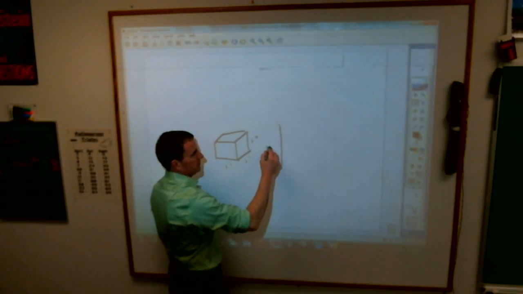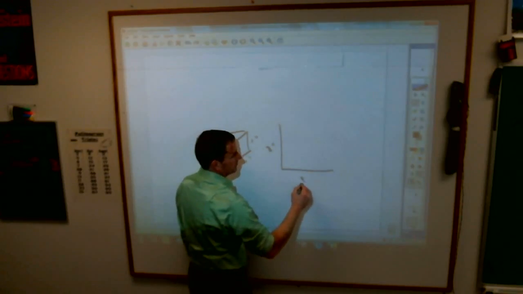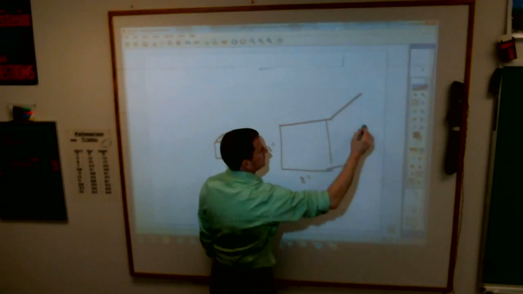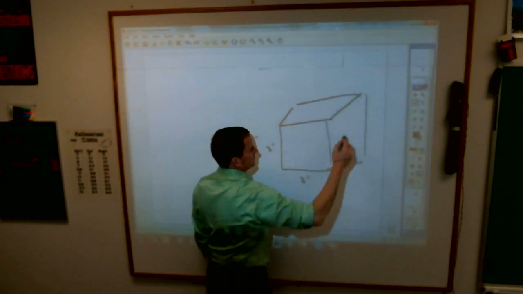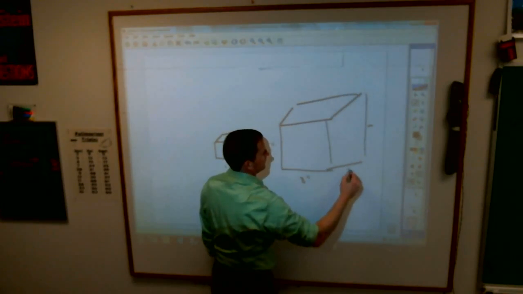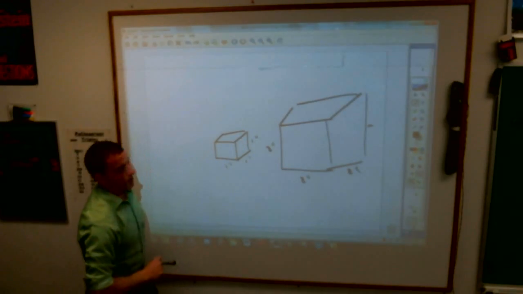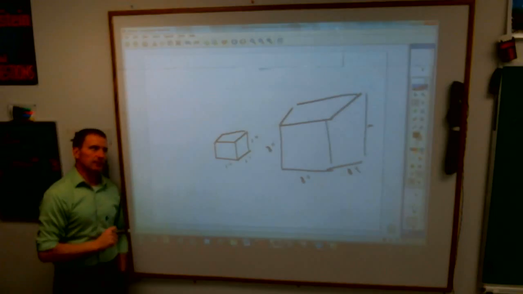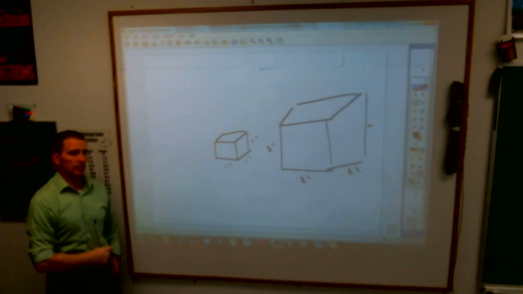So now it's a 3 inch by 3 inch by 3 inch cube. How many times bigger is the volume going to be of the big cube than the little cube?